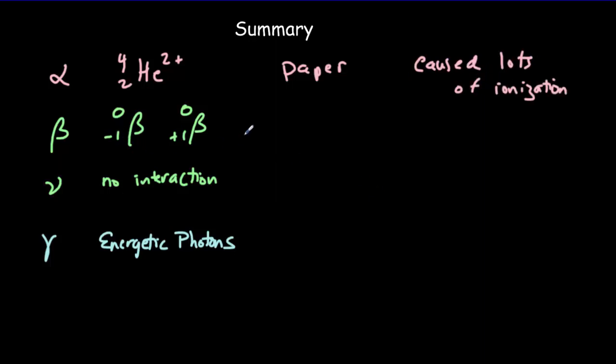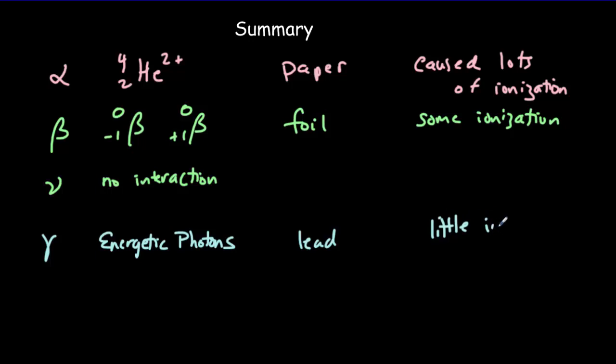The beta particles could penetrate through foil, and they caused some ionization, but not nearly as much as the alpha particles. Neutrinos, kind of boring because they just penetrate through everything. And then these gamma particles would require centimeters of lead in order to bring them to a stop. And they would cause a little bit of ionization.